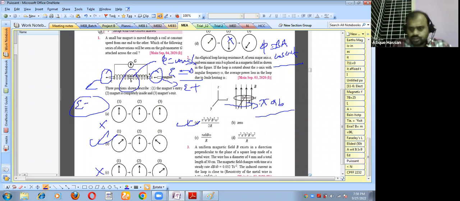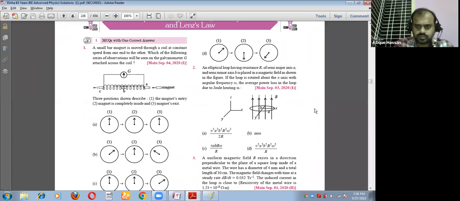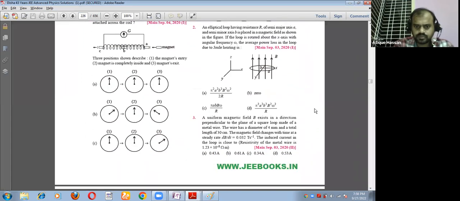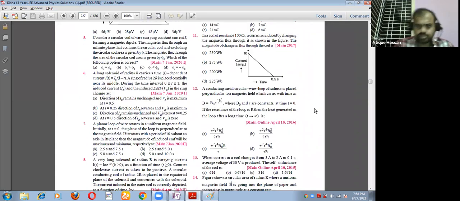So this is how we should proceed for questions based on magnetic flux. Now let us see, I can solve some easy questions.